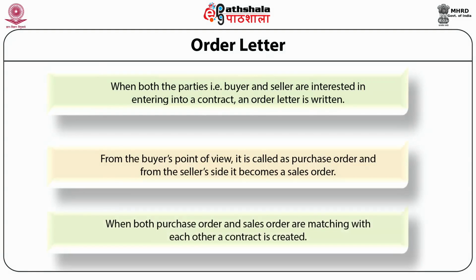When both purchase order and sales order are matching with each other, a contract is created. As these letters have a legal binding, once a contract is created, detailed description of product, price, quantity, mode of payment, time of delivery, and specification has to be mentioned.